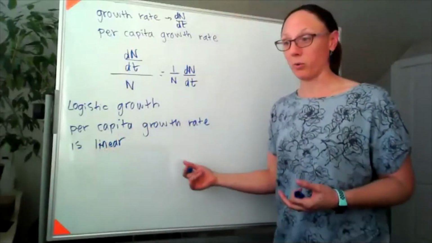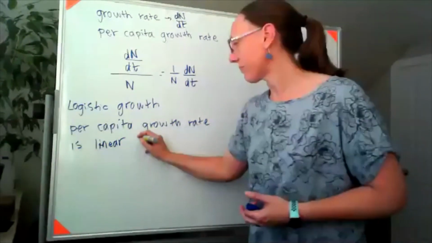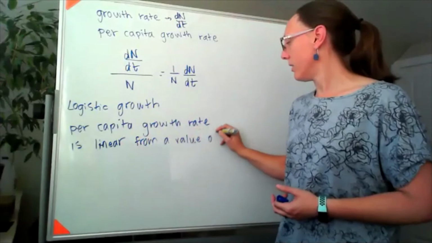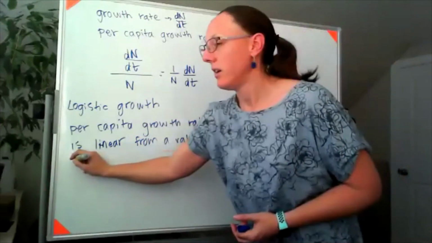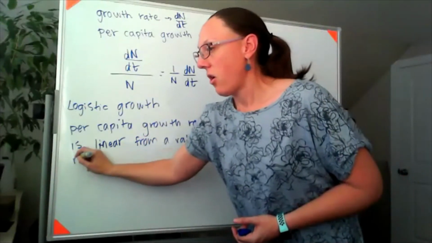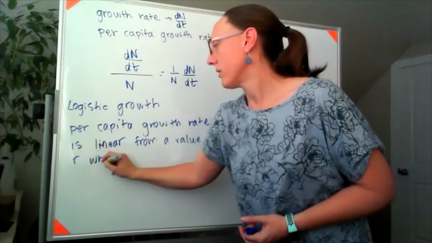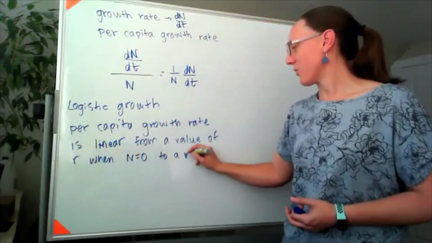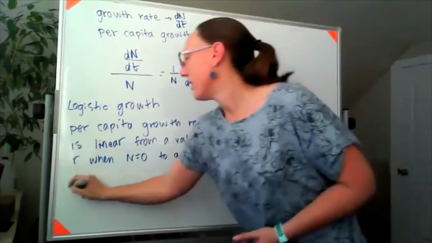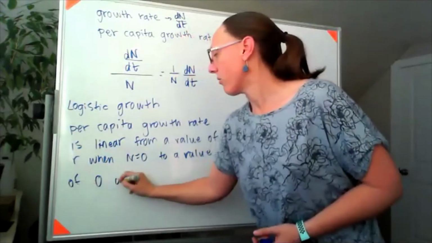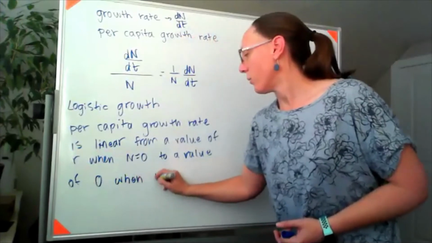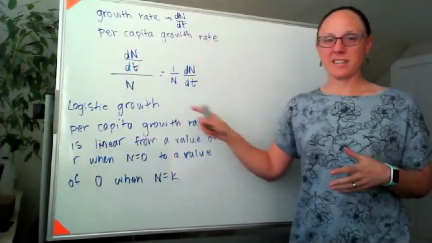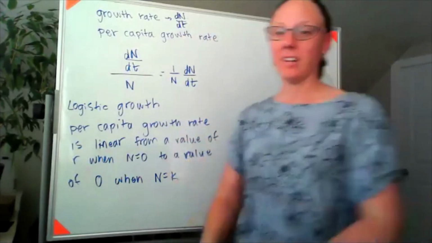So the per capita growth rate is linear from a value of r when N equals 0 to a value of 0 when N equals K.